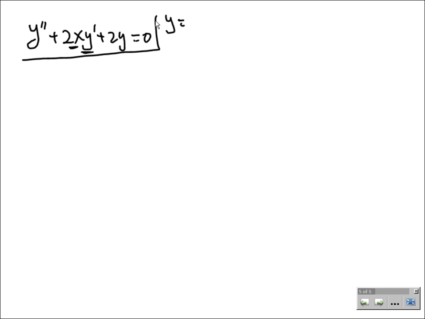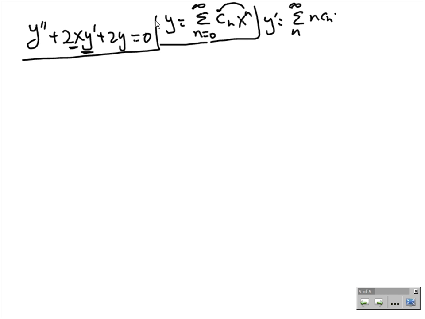So we try this new technique. y is equal to the summation as n goes from 0 to infinity of c sub n x to the n. And y prime is the summation as n goes from 0 to infinity of nc sub n x to the n minus 1.